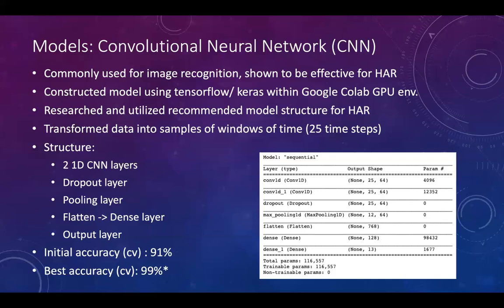And then in terms of the structure of the CNN on a high level, the first two layers are 1D CNN layers, which are essentially used for learning features from those input data samples, followed by a dropout layer, which is essentially a layer to ease the learning rate of the overall CNN.